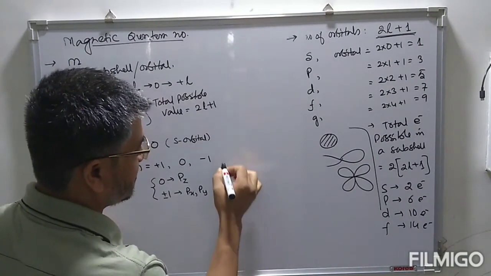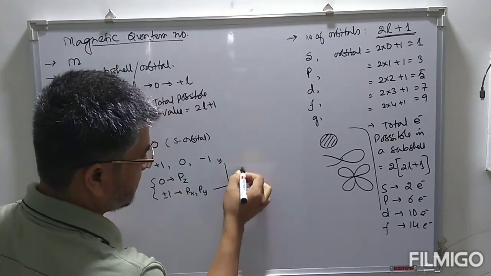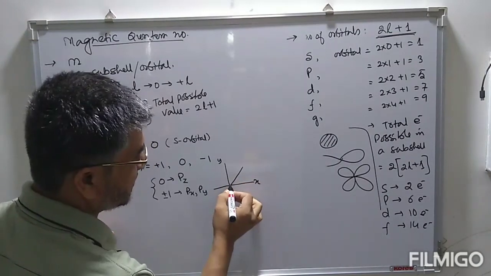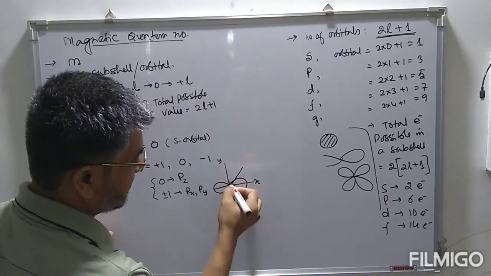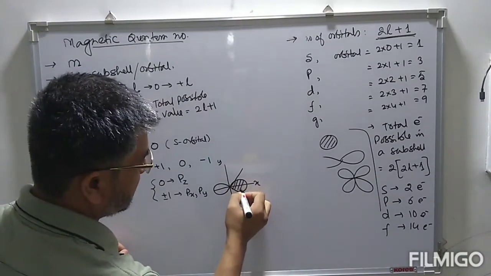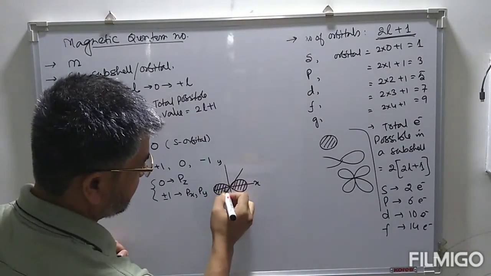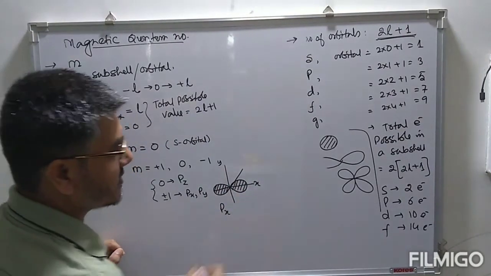Suppose this is Y, this is X, this is Z. So in this, look at this, orientation is purely along X. So we say this is Px.